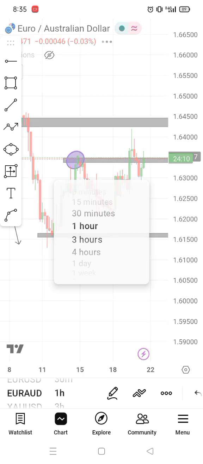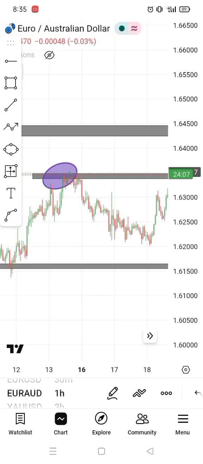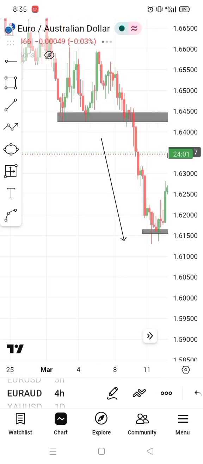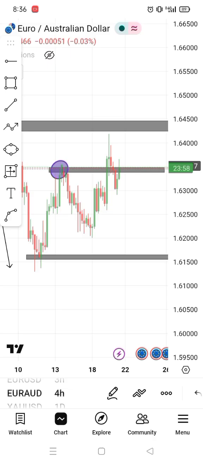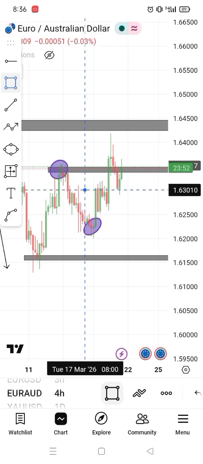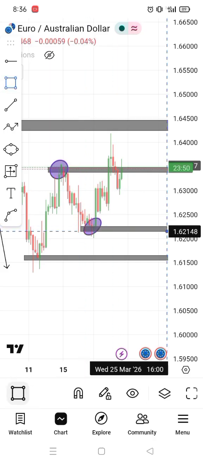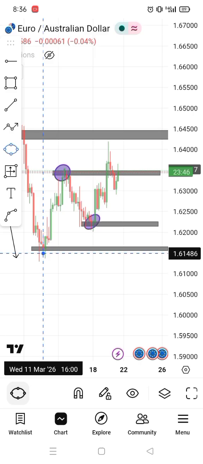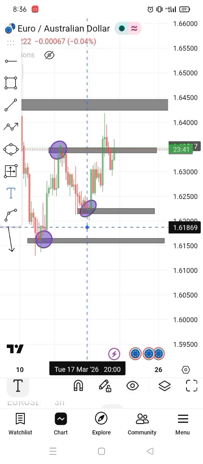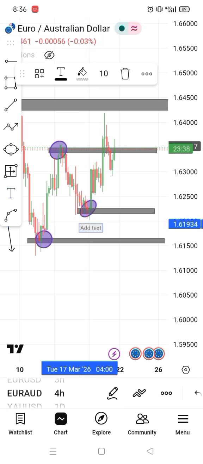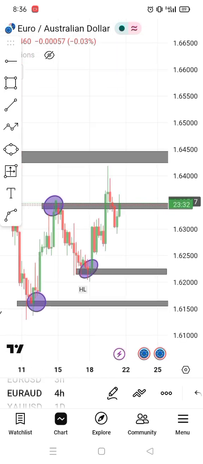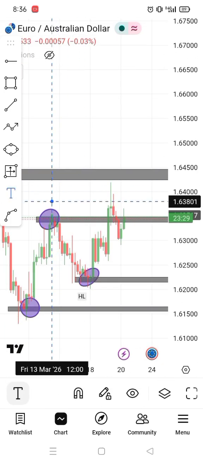And then after that lower high, price failed to make a new low in the market, and it created a higher low because it is higher than this. So we need to put this into a higher low, which is a bullish pattern, and this lower high.